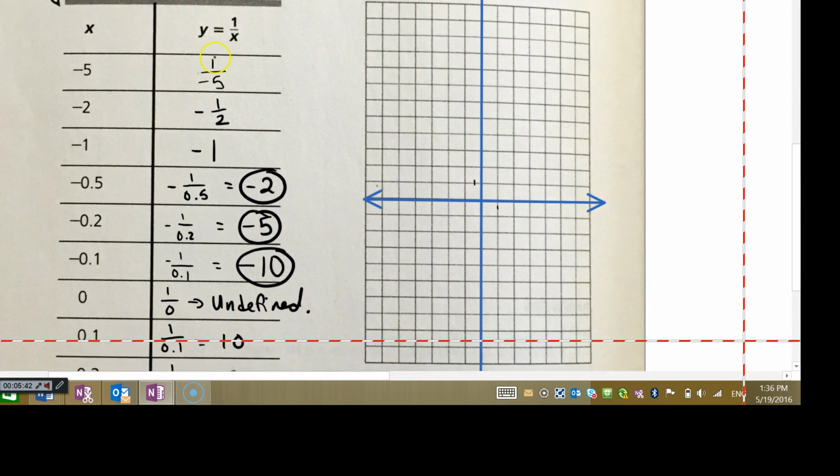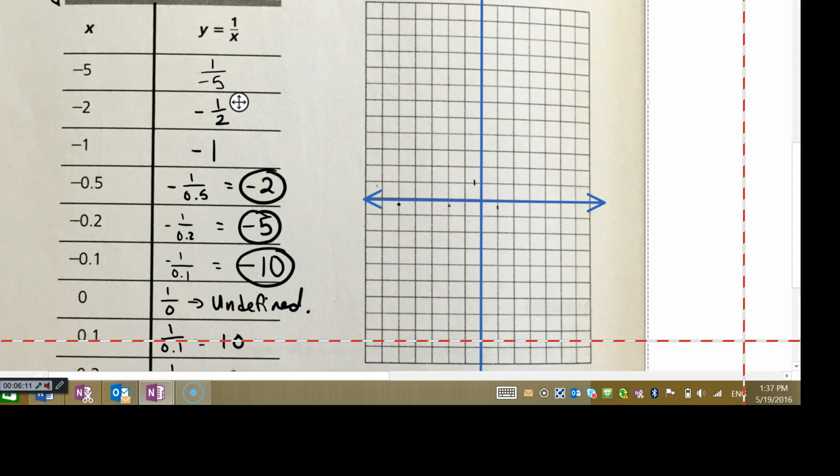Now it's going to be a little bit difficult when we're talking about negative 1 fifth, but we'll do what we can. So we have this guy right here at x equals negative 5. 1, 2, 3, 4, 5. 1 over x is going to be negative 1 fifth. When we're at negative 2, we're at negative half.